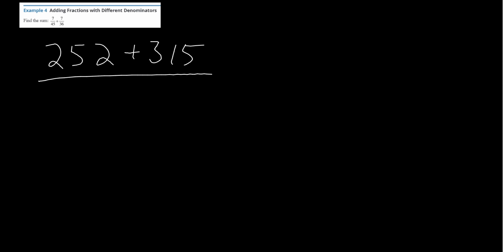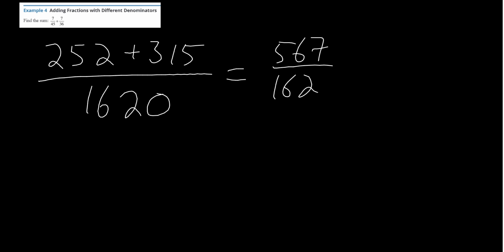But anyways, 252, plus 7 times 45, which is 315, all over 45 times 36, which is 1620. I can tell this is not going to be a good idea. 252 plus 315 is 567 over 1620.